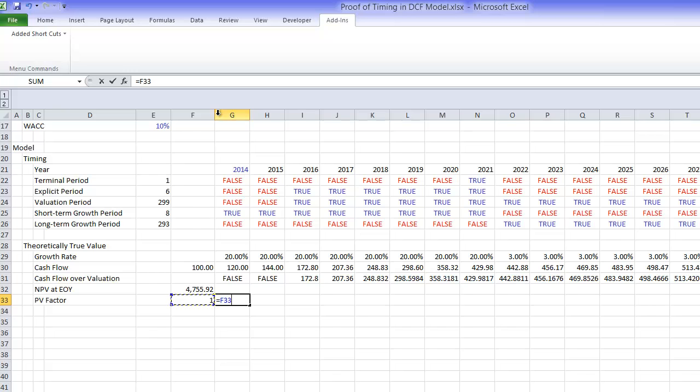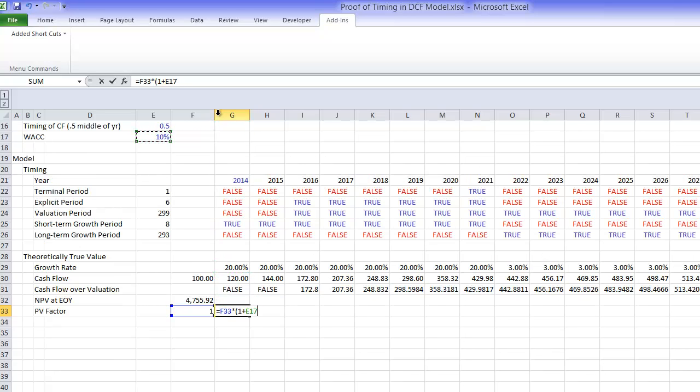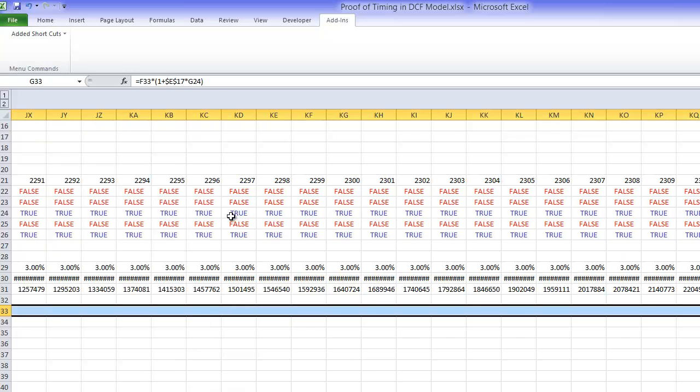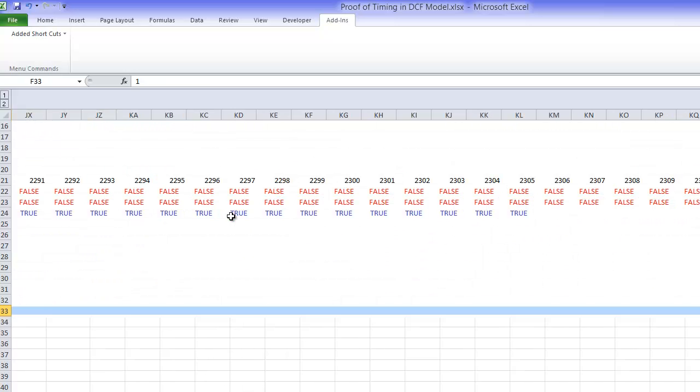We take this number, multiply it by 1 plus the whack, okay, but we only take it times the 1 plus the whack when we have a valuation period. Okay, so we can just continue that all the way.